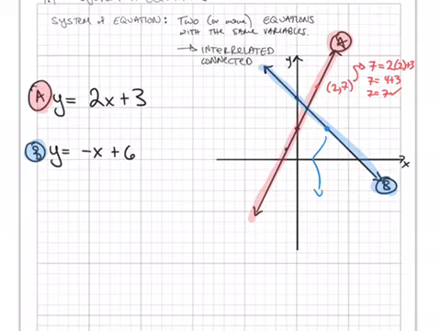Okay, if I pick the point 3, 3, and I plug that in to line B's equation, I get 3 is equal to negative 3 plus 6, and therefore 3 equals 3, and it's satisfied. So any point on the red line has coordinates that solve the red equation, and any point on the blue line has coordinates which are a solution to the blue equation.